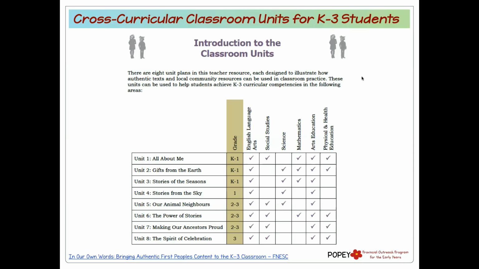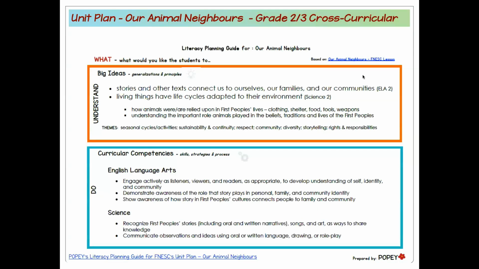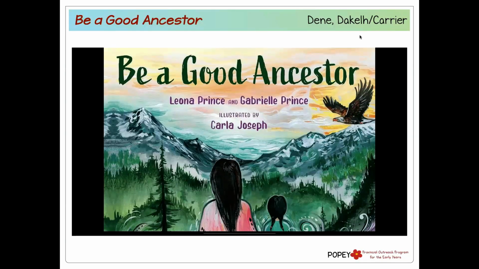I would definitely check those out. We also, at our POPEY website, have a unit plan that is connecting to our animal neighbors. It's based on the Finesc lesson plan, and we have it linked out on our website there. If you want to check that out, there's lots of things to check out there. And that's in a Padlet as well.